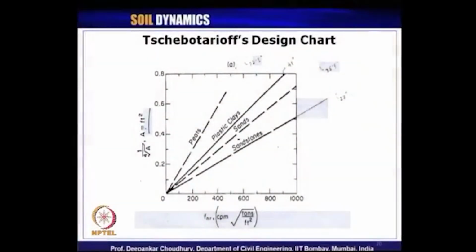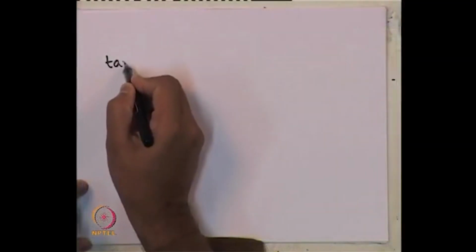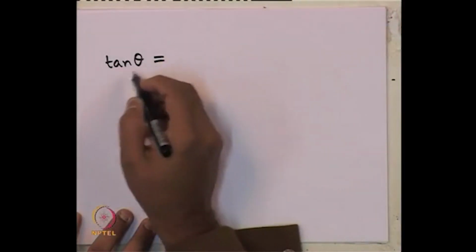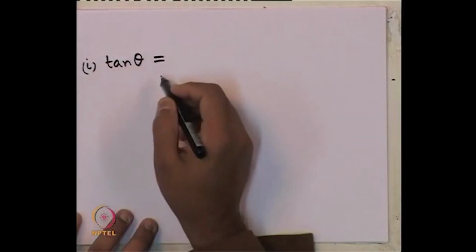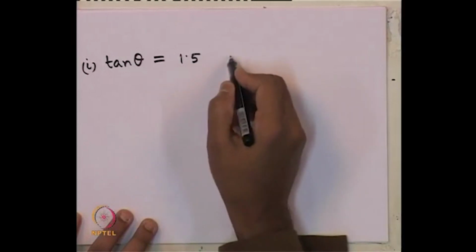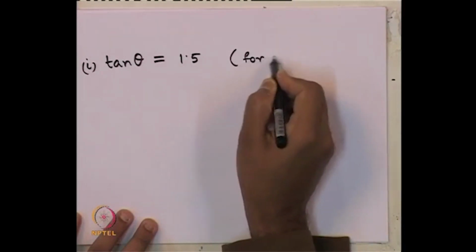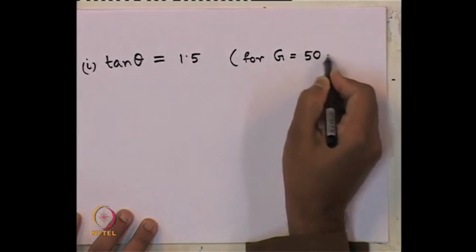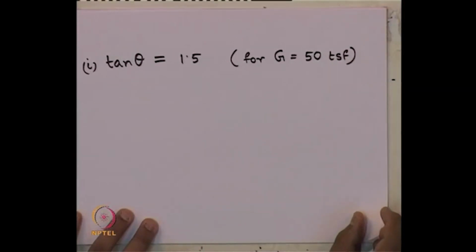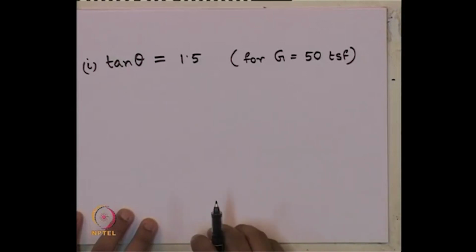Okay. So, let us now calculate this tan theta using this expression. Tan theta for the first case comes out to be 1.5 approximately for G equals 50 TSF. Please put the values of known parameters in the equation and check if it is so.